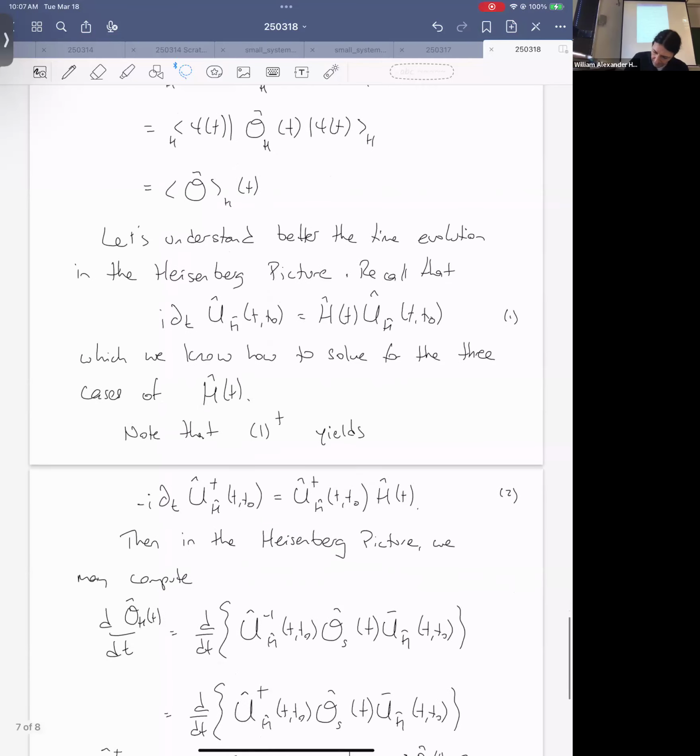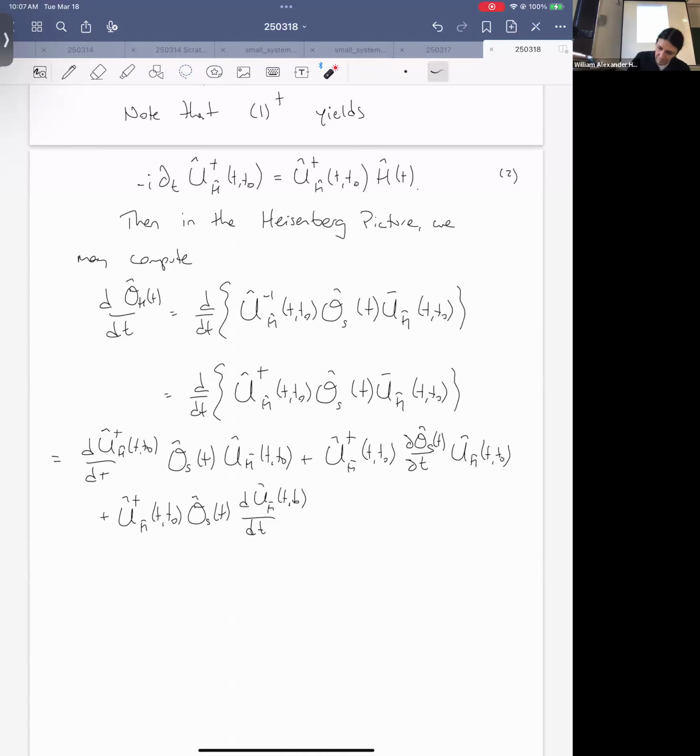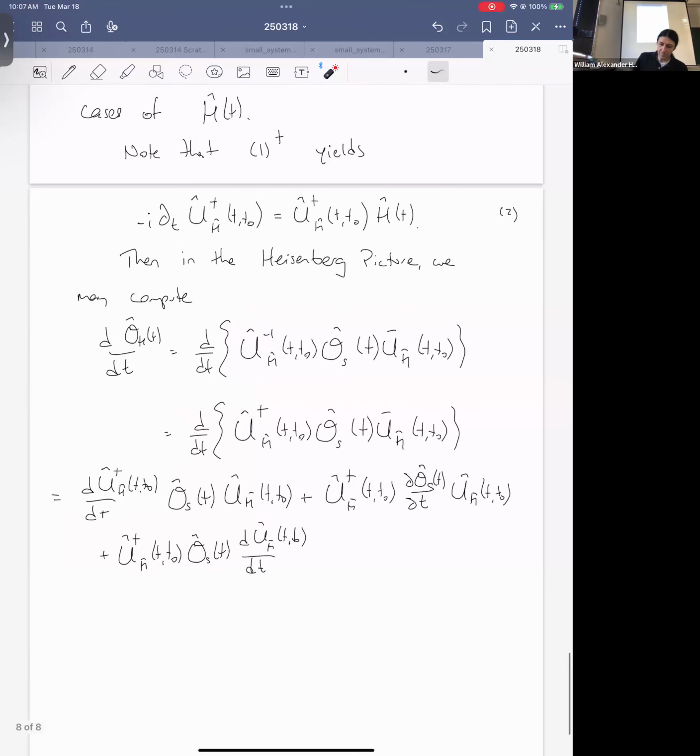All right, great. So our definition, and then we take the inverse to the dagger, and then we product rule our time derivative. And so now let's start plugging things in, and I'm going to start dropping indices because it's just getting to be a lot of writing. If there's any confusion, just let me know.